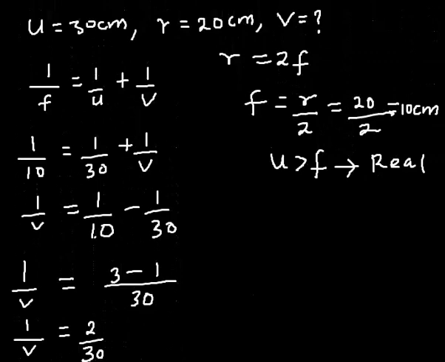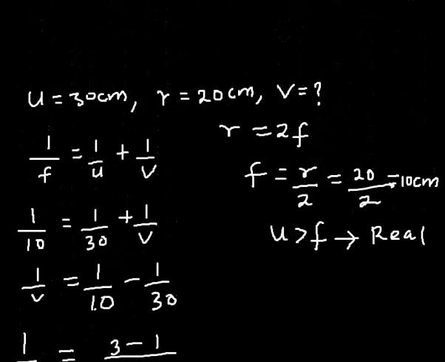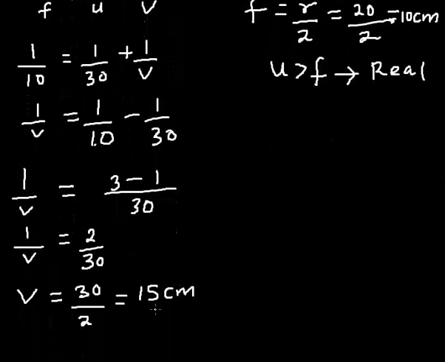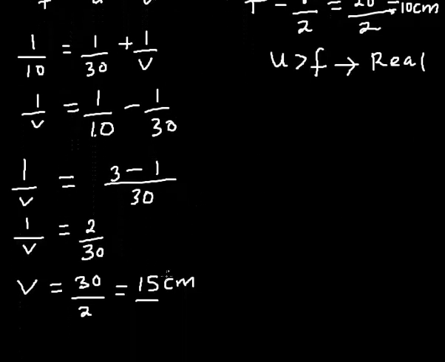Now, before we look at the magnification, what's the nature of this image? The image distance is 15 cm, and the object distance is 30 cm. So you discover that this image is diminished, less than the object. Now we can calculate the magnification.